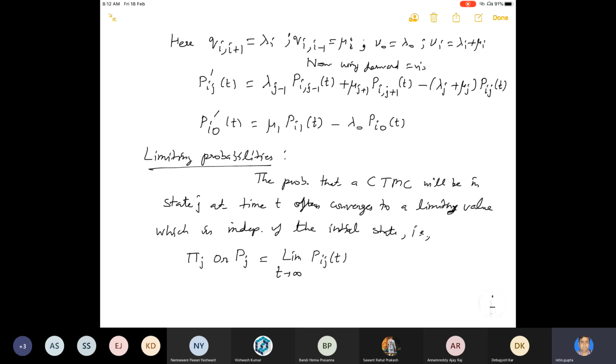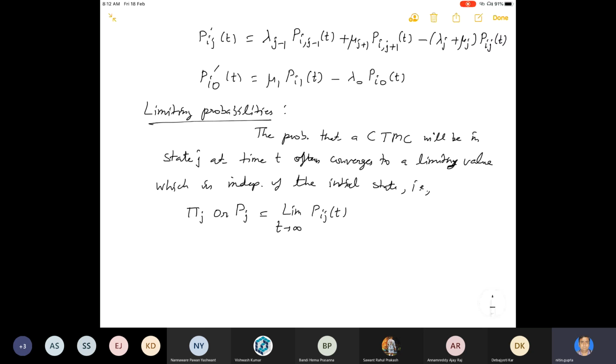So when t goes to infinity, this often, not always, converges to some particular value Pj, which depends on the final state J only. Okay, so let us assume that this happens.